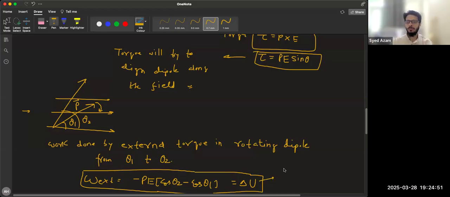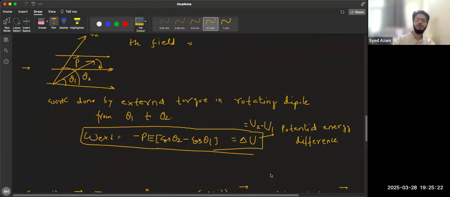This is the potential energy difference. So what is potential energy difference? Potential energy when the dipole is placed at theta 2 subtracted from the potential energy when the dipole is placed at theta 1. So this delta U is U2 minus U1.